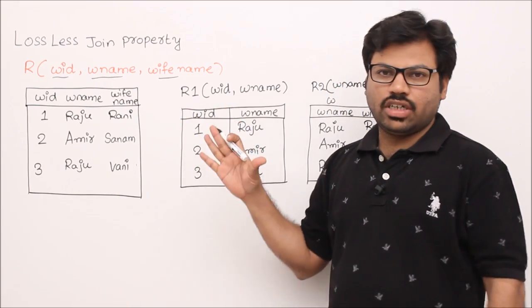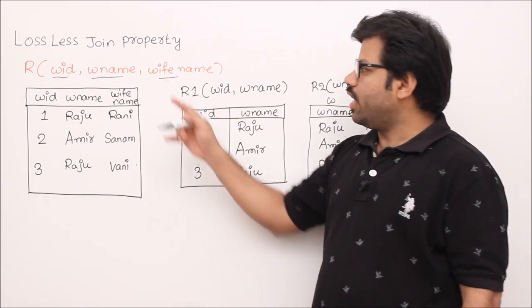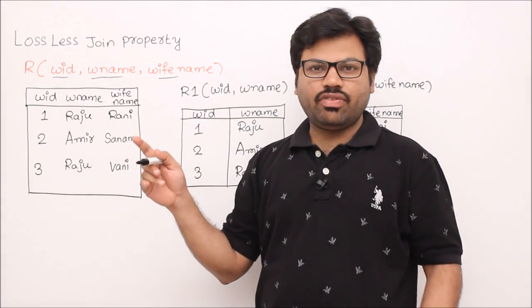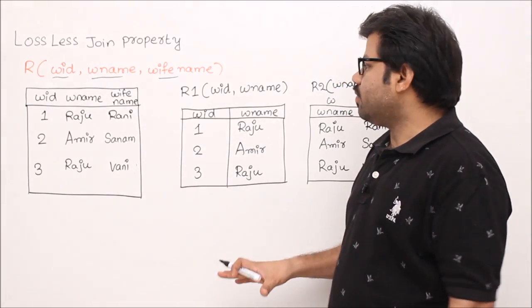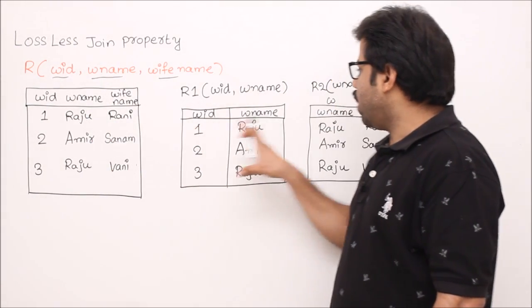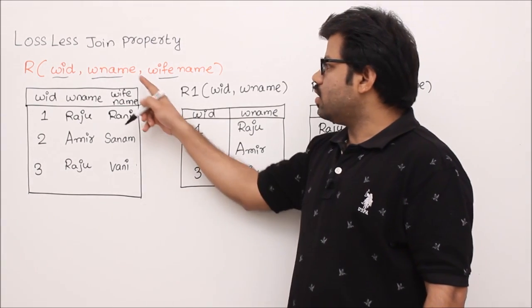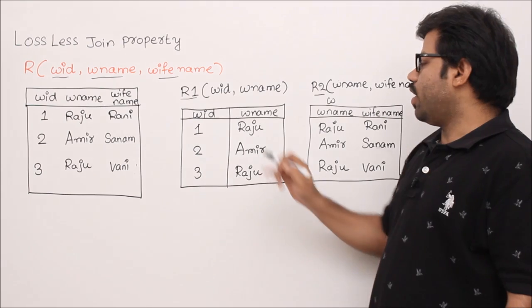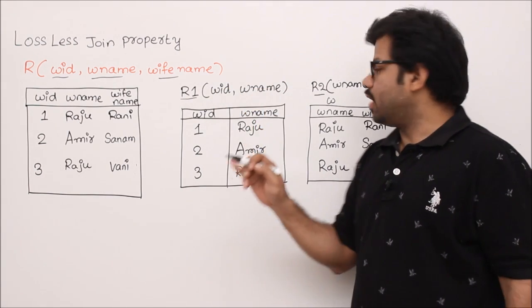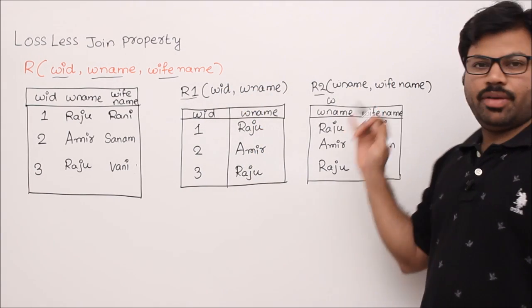So you decompose it into BCNF. When you decompose this table into BCNF, let's say you use that hierarchical decomposition technique, then because of that, let's say you get this kind of association, that means this is your old table and you got now two new tables R1, R2. One is watchman ID, watchman name. Second one, watchman name and wife name.